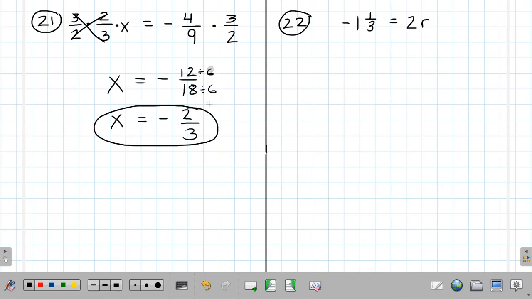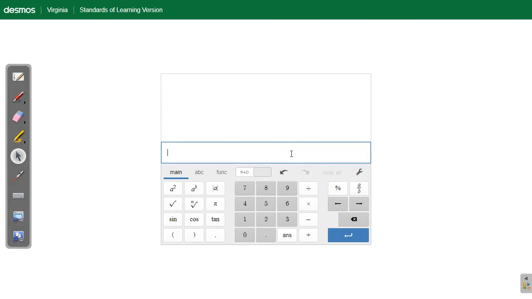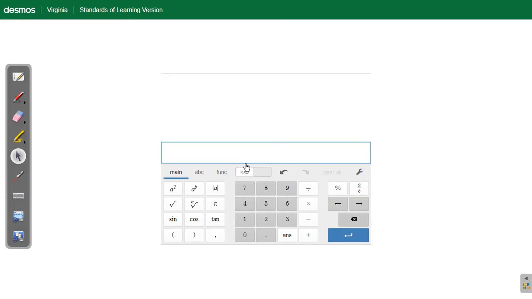But where we might run into some trouble is with our calculator. If you use your calculator to do this calculation, you can do it. It's just going to look very weird. Negative 4/9, all of that's going to be divided by 2/3.